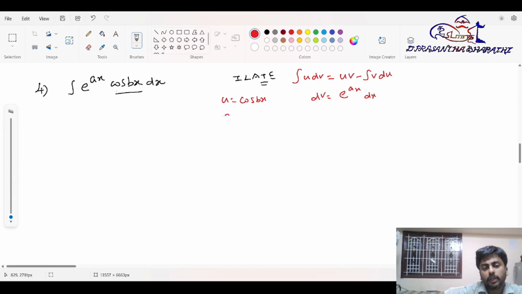So here du equal to minus b sin bx, v equal to integration of this, that is e power ax by a. So now by Bernoulli's formula you can integrate this.